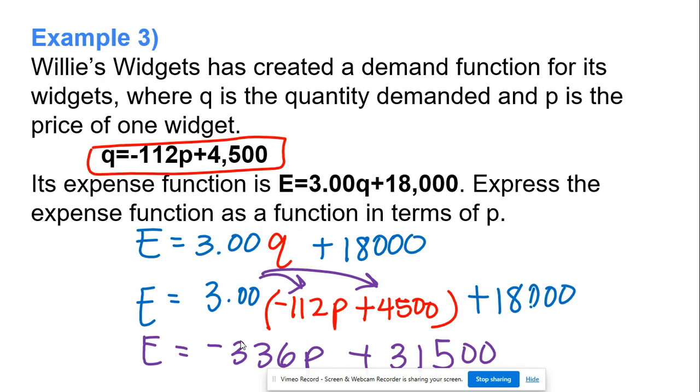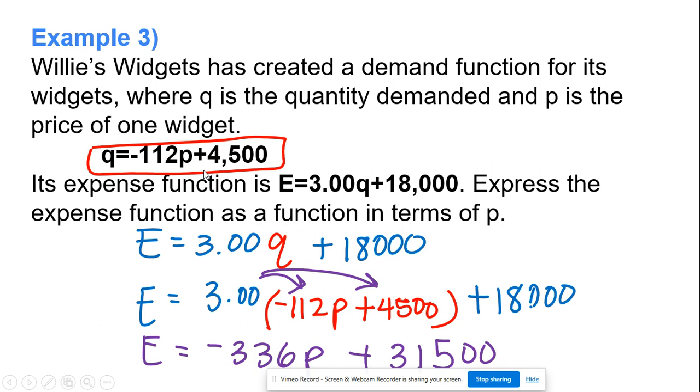If the expense function is 3.00Q plus 18,000, again, this is just expressing expense as a function in terms of P. The expense function is E, that's equal to the variable plus the fixed, and so we actually already had that equation, and instead of leaving it as Q, we can plug in the quantity of the widgets given above.